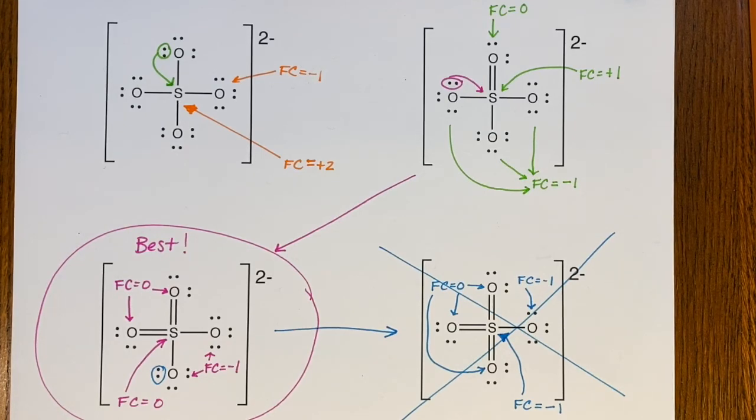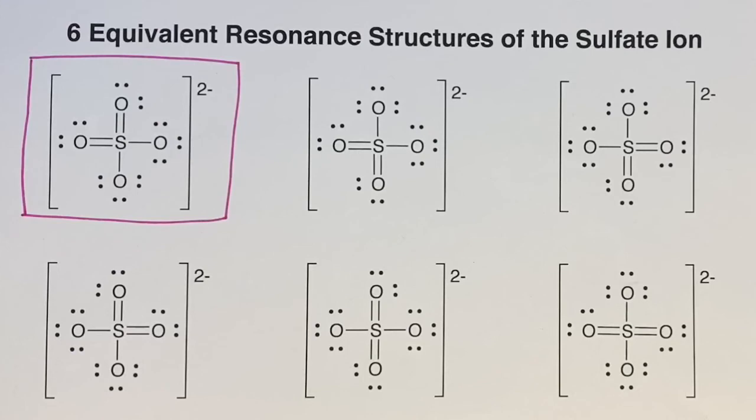Now for this structure, this is not the only structure like this that we could draw. This is one of 6 equivalent resonance structures that you can draw for the sulfate ion. There are a total of 6 equivalent resonance structures for the sulfate ion. All 6 of those structures are shown here.